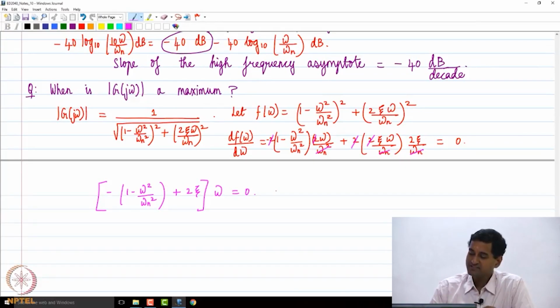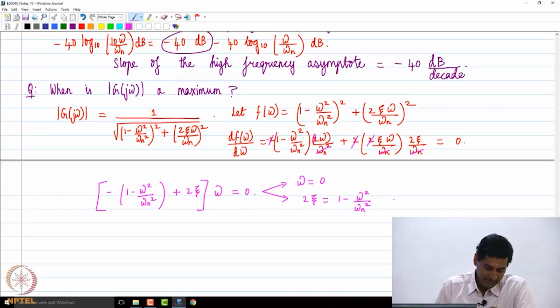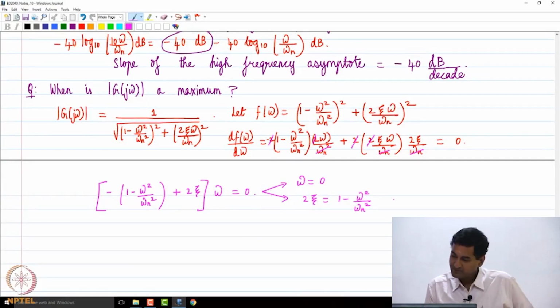So this has two solutions. I just simplified this and wrote it. Obviously ω equal to 0 is one particular solution. It can be 0, or the term within the square bracket is 0. That will imply that 2ζ squared is going to be equal to 1 minus ω squared by ωn squared.